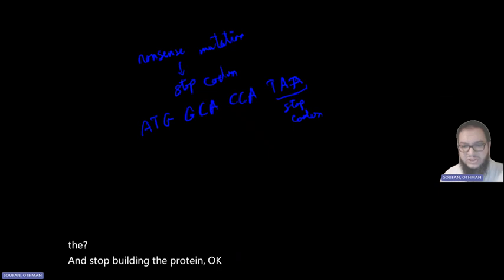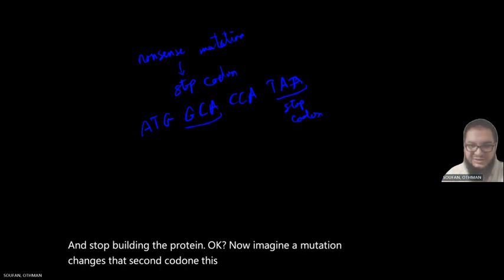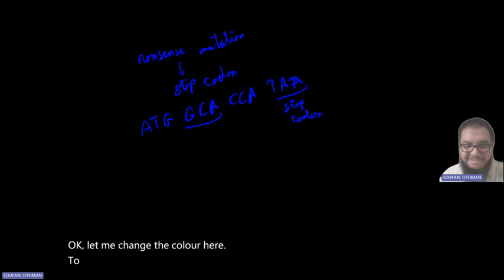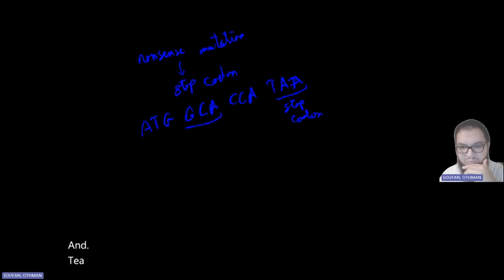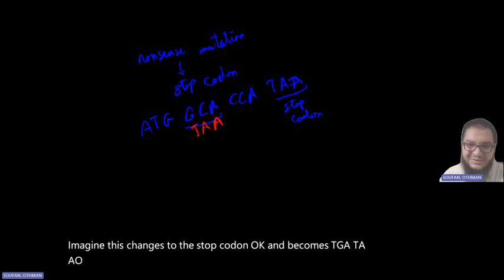Now imagine a mutation changes the second codon, this GCA. Let me change the color here to red. Imagine this changes to the stop codon and becomes TAA.